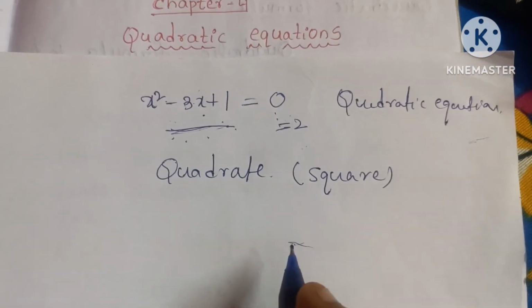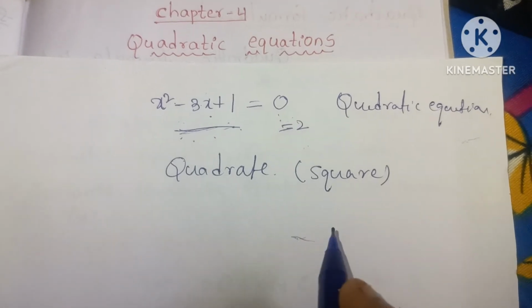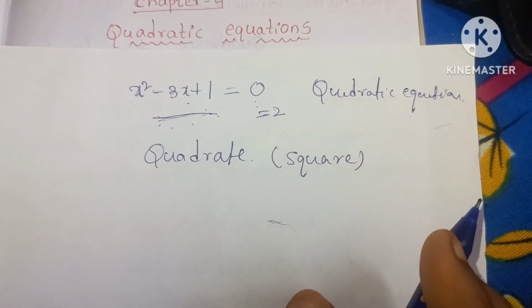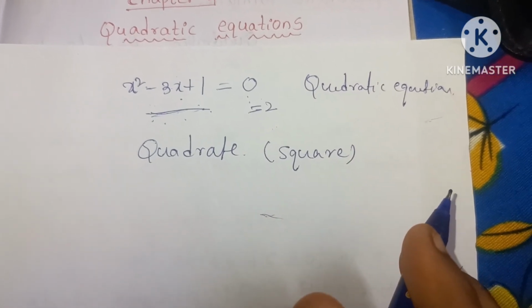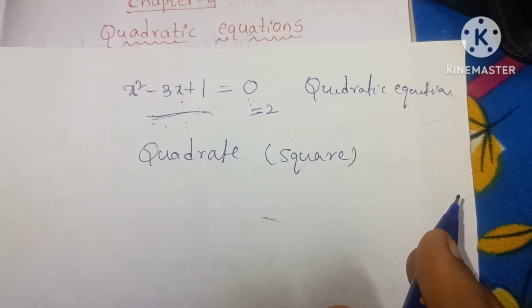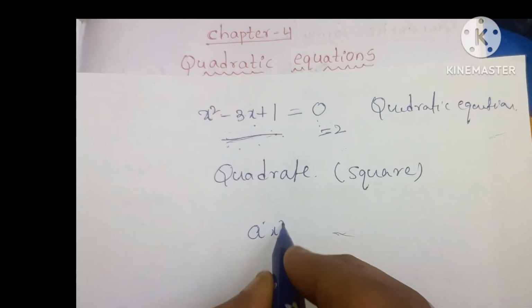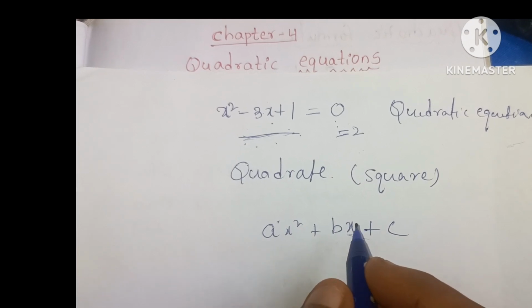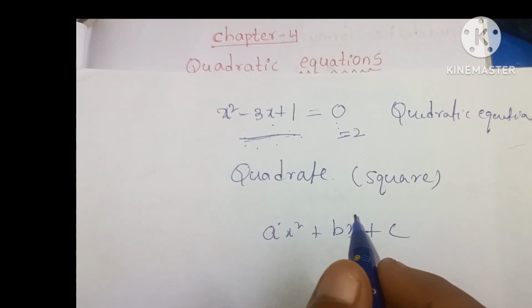What is the standard form, the general form of the quadratic equation? The first thing we learn in this quadratic equation: ax square plus bx plus c, equated to 0.